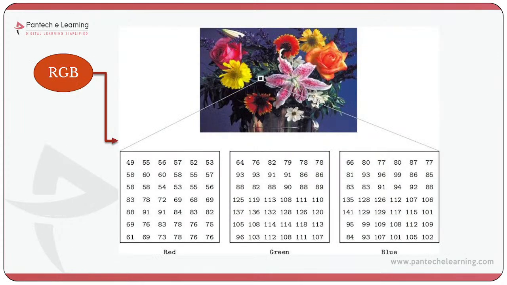So this is the RGB color image. According to red, green and blue, as I previously told you, RGB is formed by adding colors and changing the intensities.